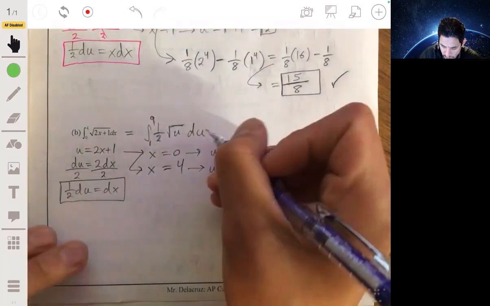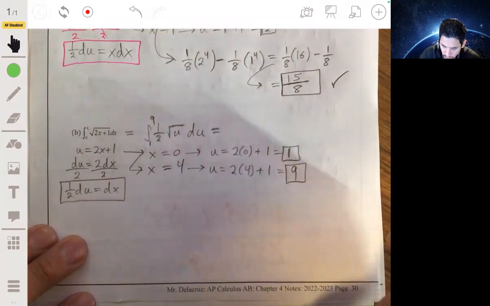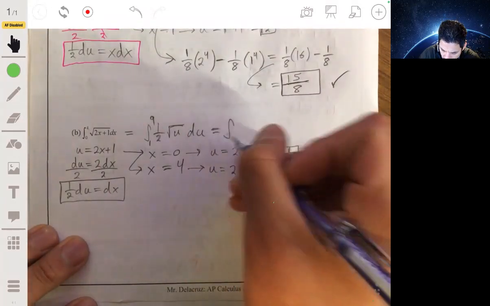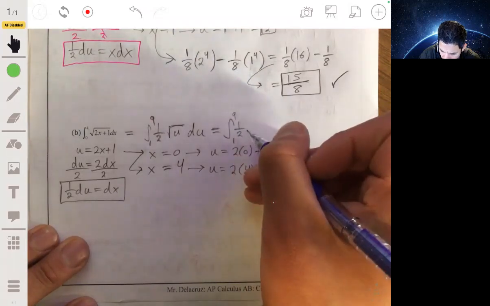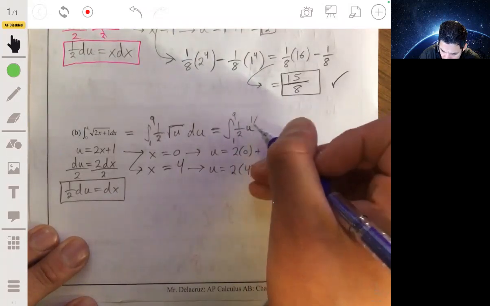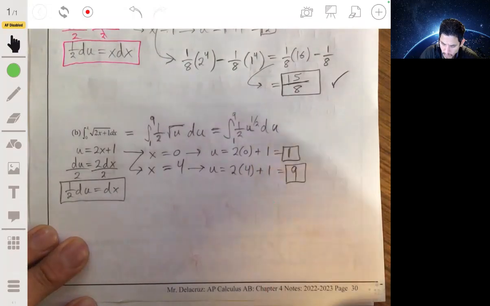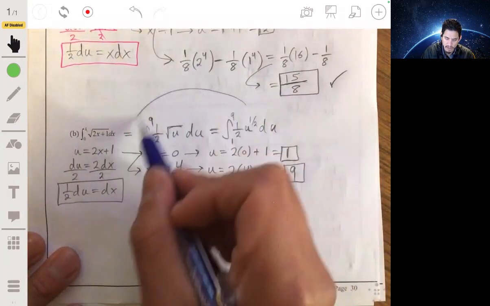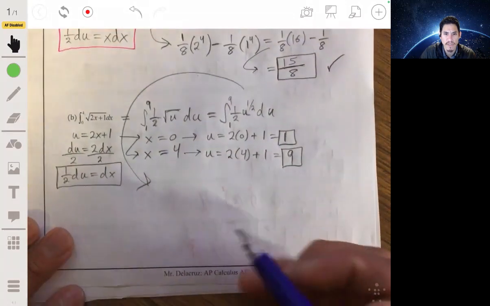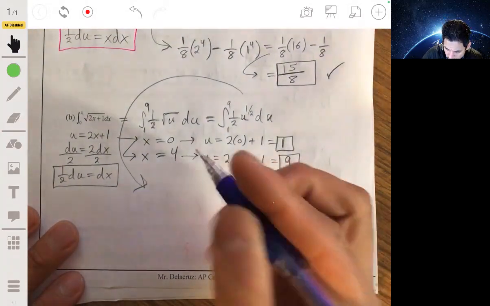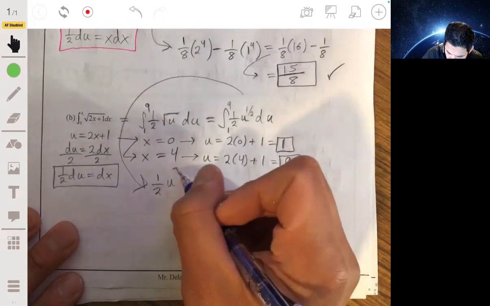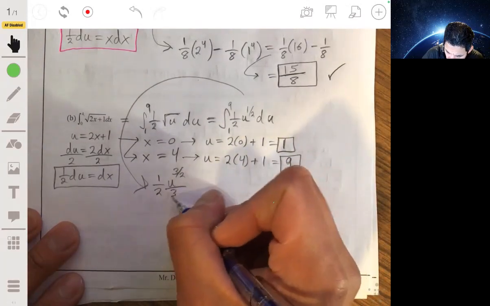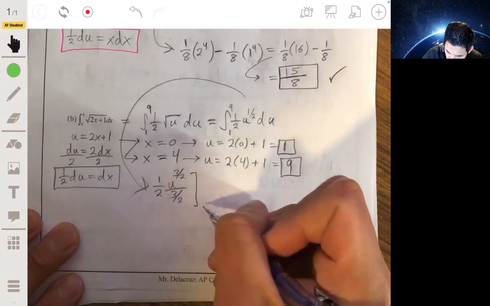And now we can just simply integrate this, which is the same as 1/2 times u to the 1/2 power du. And I'm going to move this down over here so we have more space to work. So using the reverse power rule, this will be u to the 3/2 over 3/2, going from 1 to 9.